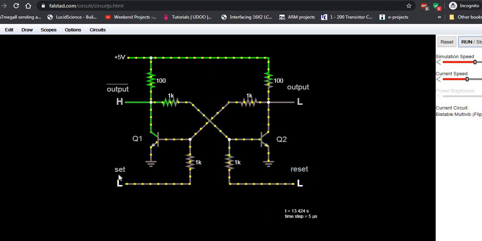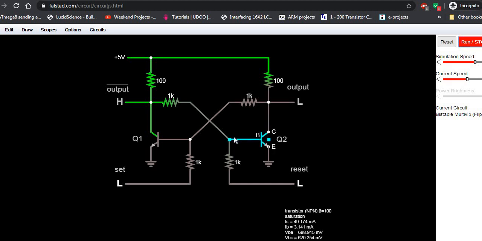So for an SR flip-flop, with a set input, if the input is set, output is supposed to be high, right? If reset is 1, output is supposed to be low. See here, let us measure the voltage on Q2. Voltage on Q2 is 78 millivolts, which means transistor Q2 is on.